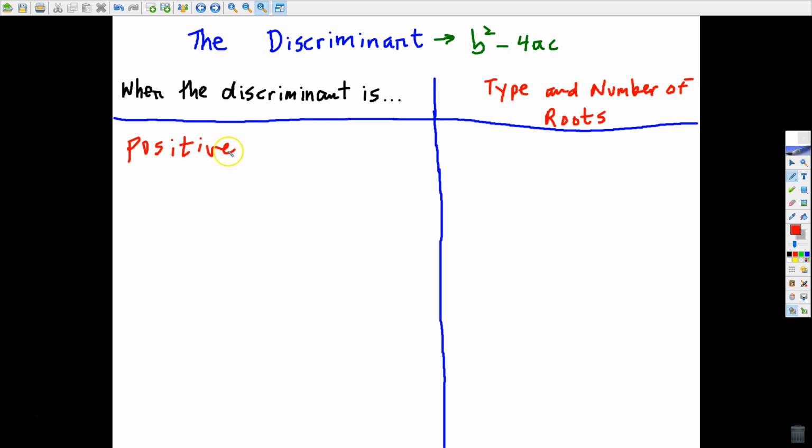Not only is it positive, but it has a perfect square root. Like maybe we plug in the numbers b squared minus 4ac and it comes up 49. Well, that tells us that when we do go ahead and solve the equation, find the two solutions, there are going to be two rational number roots.